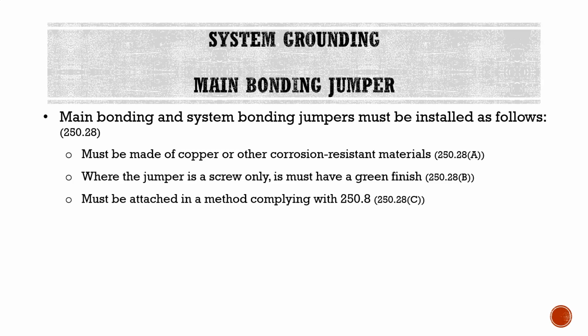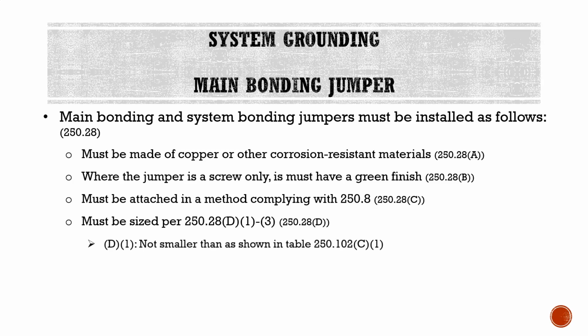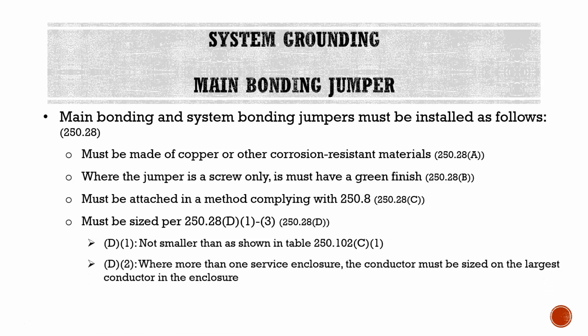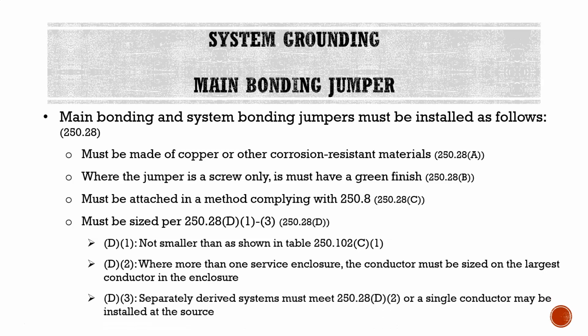That was our discussion about connecting grounding conductors. And it must be sized per 250.28(D)(1) through (3), not smaller than is shown in Table 250.102(C)(1). Where more than one service enclosure, the conductor must be sized on the largest conductor in the enclosure. And separately derived systems must meet 250.28(D)(2), or a single conductor may be installed at the source.